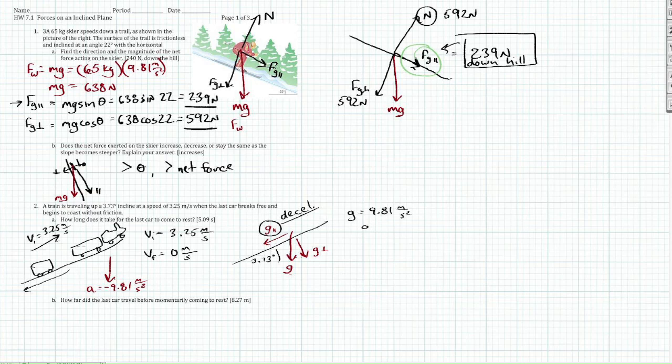So g parallel would be g times the sine of theta, just like we did before in our other problems. It's the full value of the force times, in this case, the sine of theta.